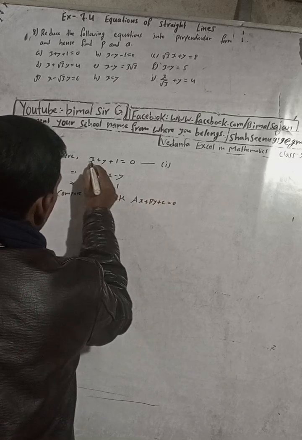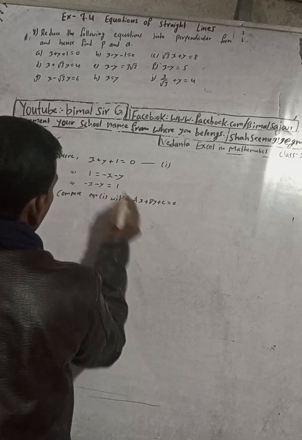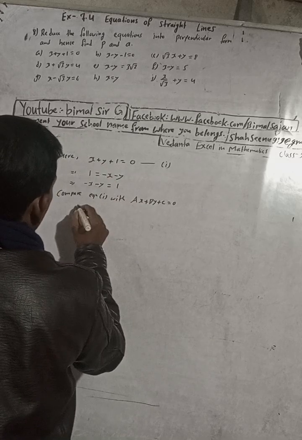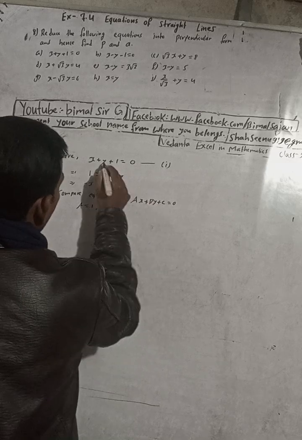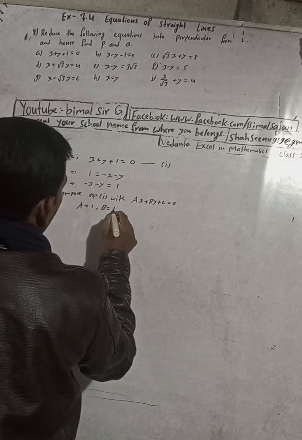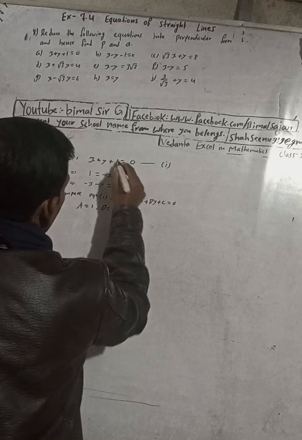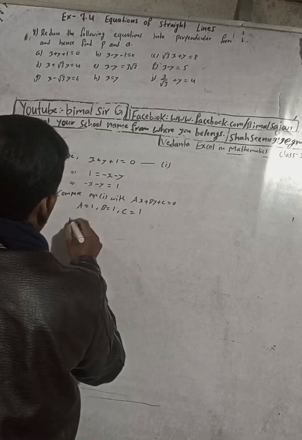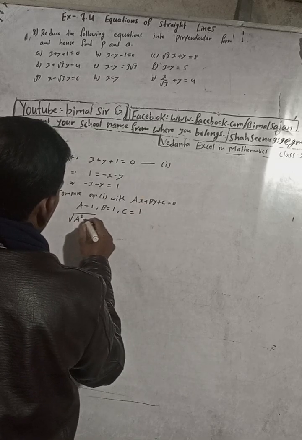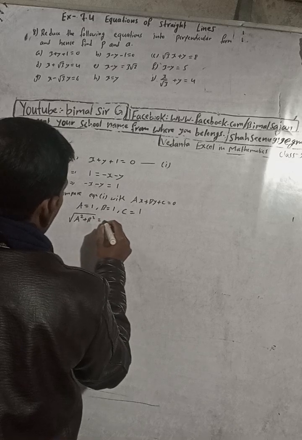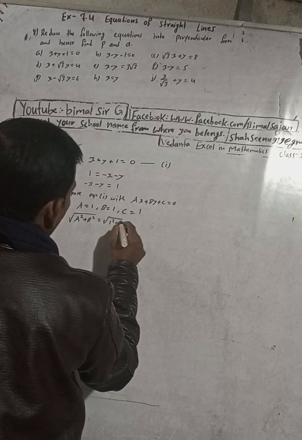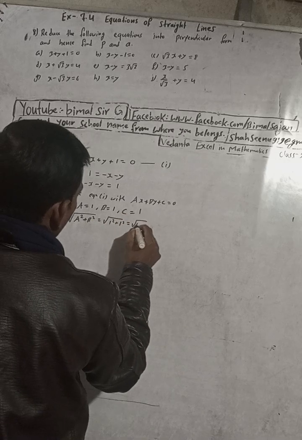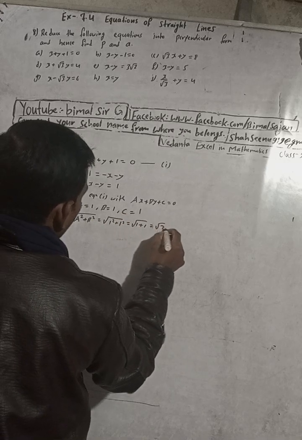Comparing, a is equal to 1, b is equal to 1, and c is equal to 1. If I find root under a square plus b square, I get root of 1 square plus 1 square, which is equal to root 2.